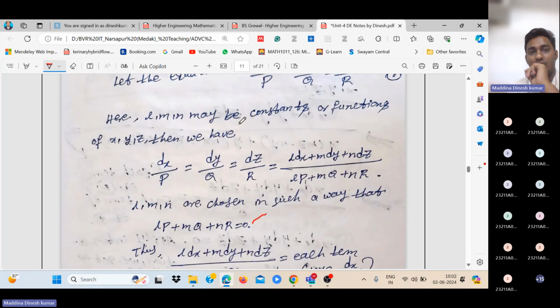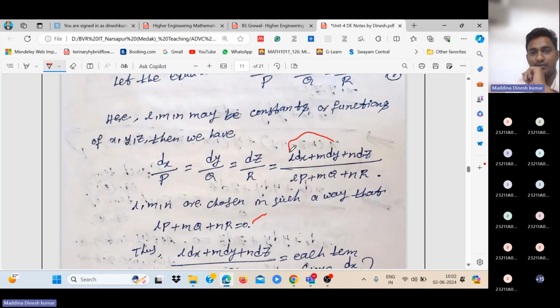Here L, M, N are the Lagrangian multipliers. They also will be functions in terms of x, y, z. Sometimes 1, 1, 1 like that also will come.